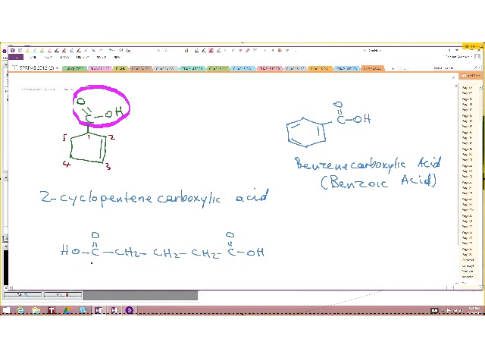Okay, this is 1, 2, 3, 4, and 5. So we are going to give the name of the corresponding alkane. The name of the corresponding alkane will be what? What is it? A pentane, right?